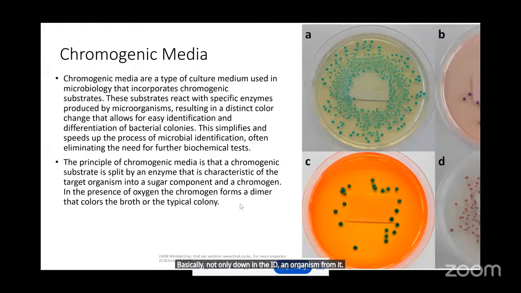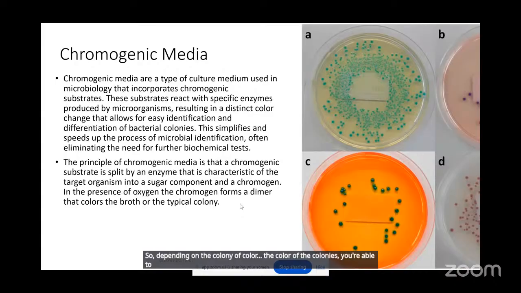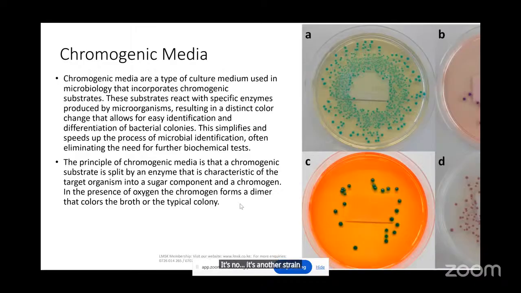So you could even have a chromogenic media specific for E. coli O157. Depending on the color of the colonies, you're able to decipher if it is indeed O157 or if it's another strain of E. coli that is not O157. So they are very specific for the target organism.